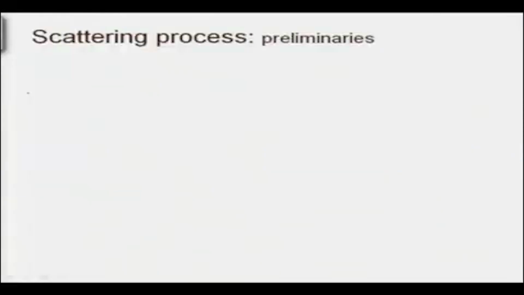To start with, let us look at the basics of the scattering process itself. To simplify matters, we will consider first a classical hard ball scattering, by which I mean the following.